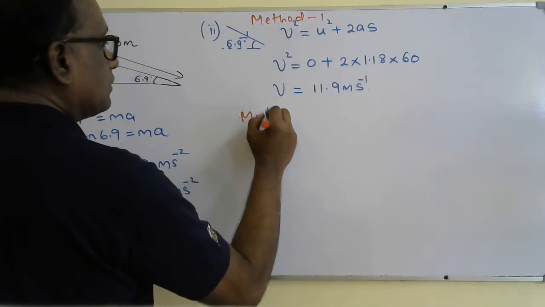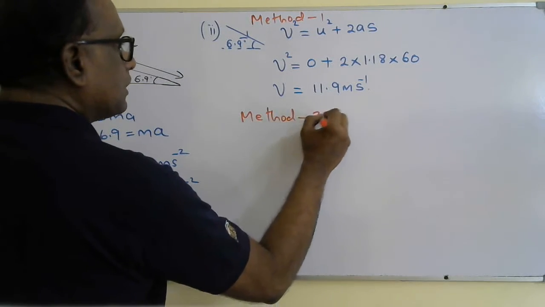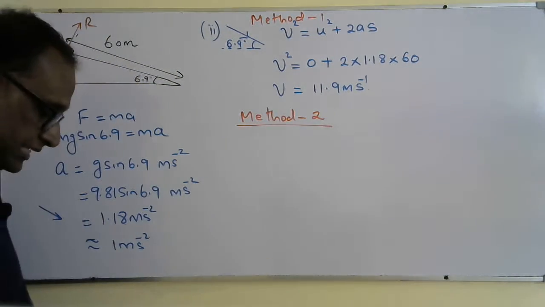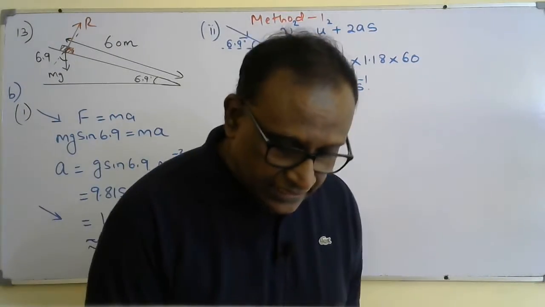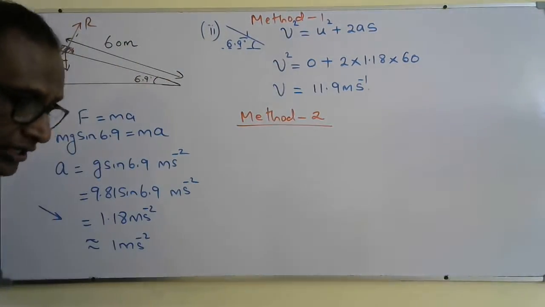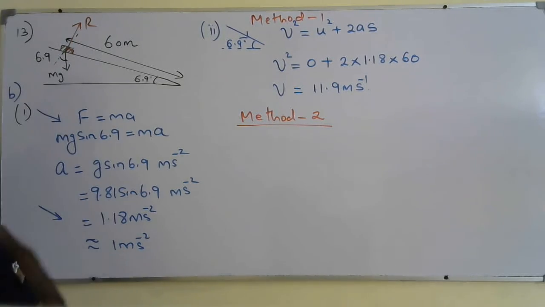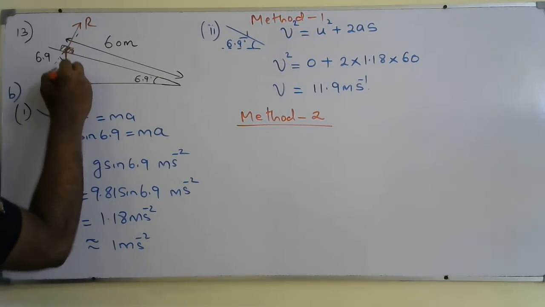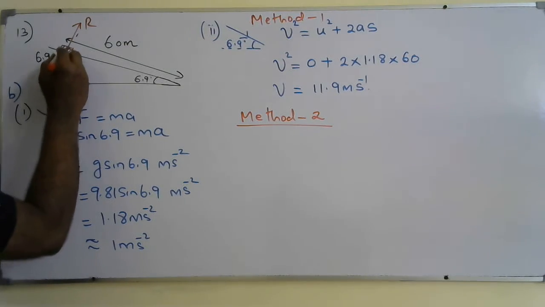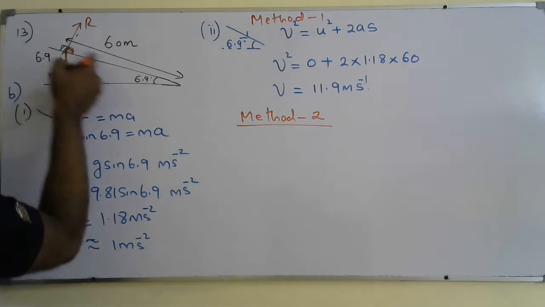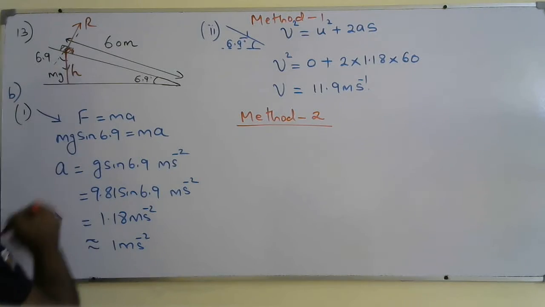Method 2, I'm going to find it by using the energy equation. There is no friction. So when it moves 60 meters along the slope down, what will be the height it falls, h?